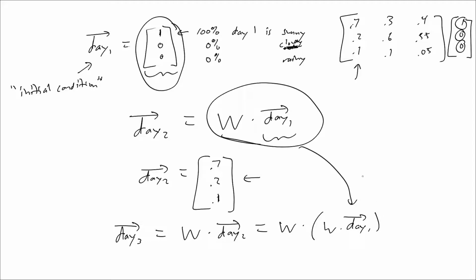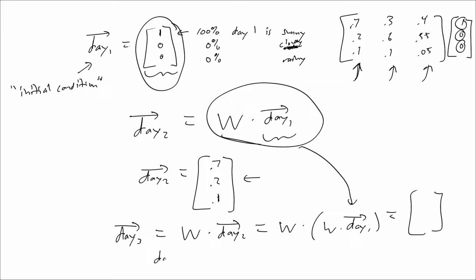If we work that out, that's not going to be one you can do in your head, because now I want 0.7 of the first column plus 0.2 of the second column plus 0.1 of the third column. But we're going to come out with some answer, and that answer is going to be a vector. I can tell you right now that all of the entries are going to be between 0 and 1, and they're going to add up to 1, because that's just how this works.